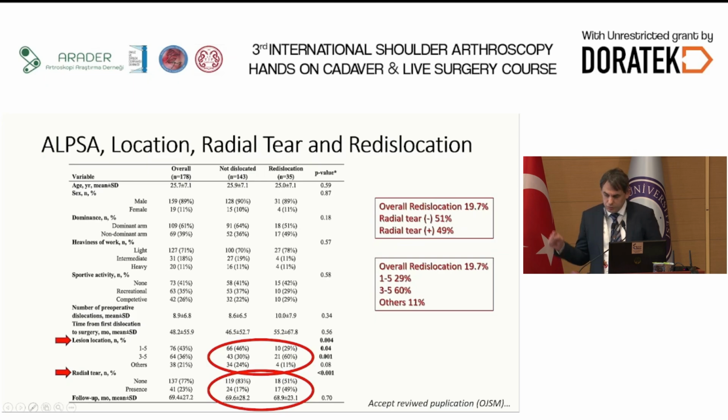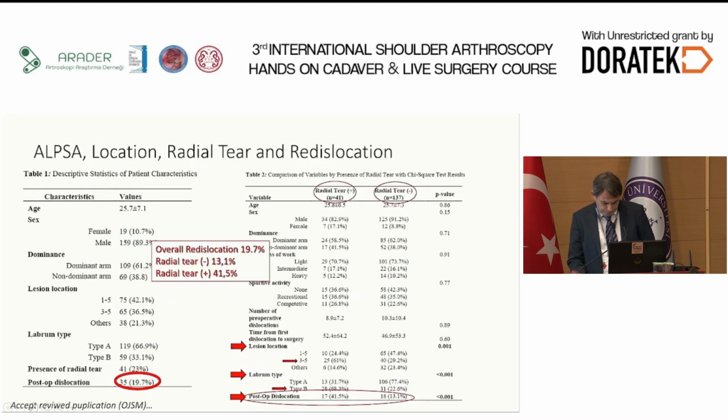Also, the location between 3 to 5 is a risk factor for redislocation. If the radial tear is negative, the redislocation rate is 13%. But if we have a radial tear, the redislocation rate is 41.5%. So radial tear is very important.